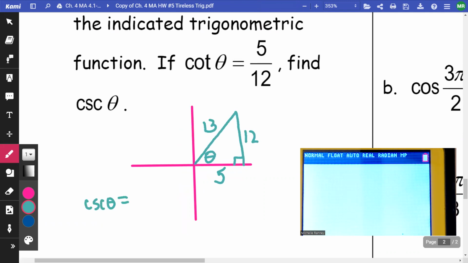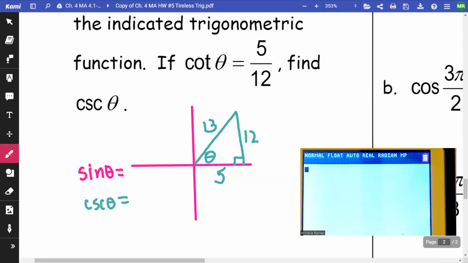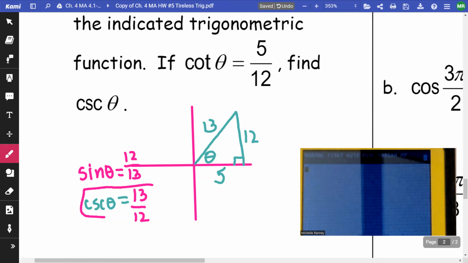Now remember, to find the cosecant, it probably helps to find our sine, because that's the reciprocal. Sine is going to be opposite, which is 12, over hypotenuse, which is 13. So then we're going to have the reciprocal, which is going to be 13 over 12. And that's going to be our answer.